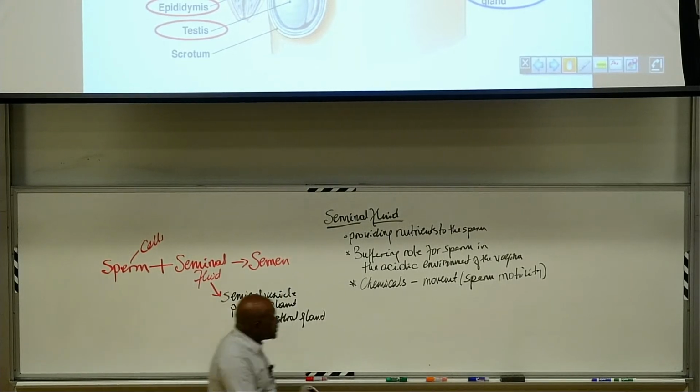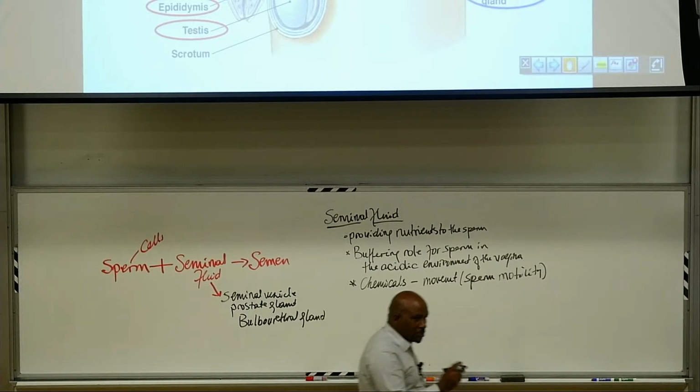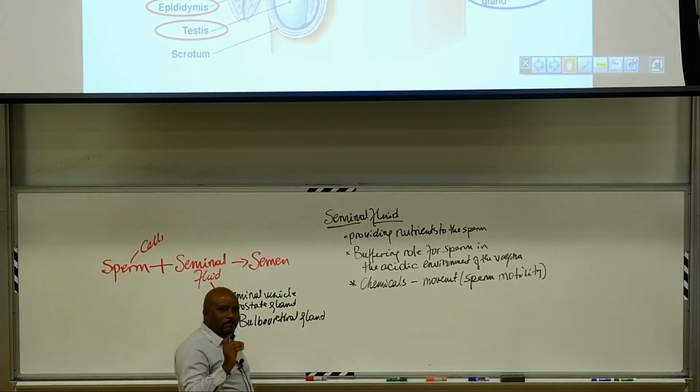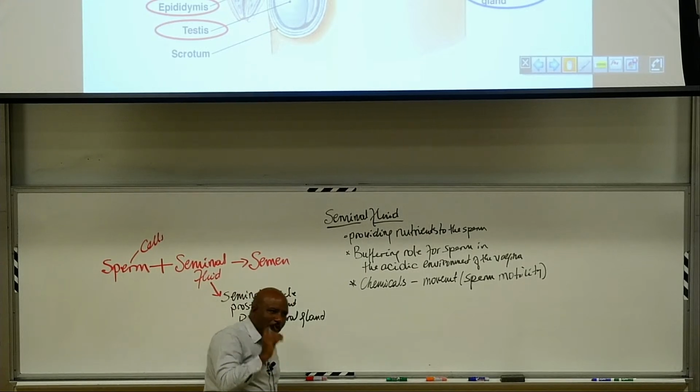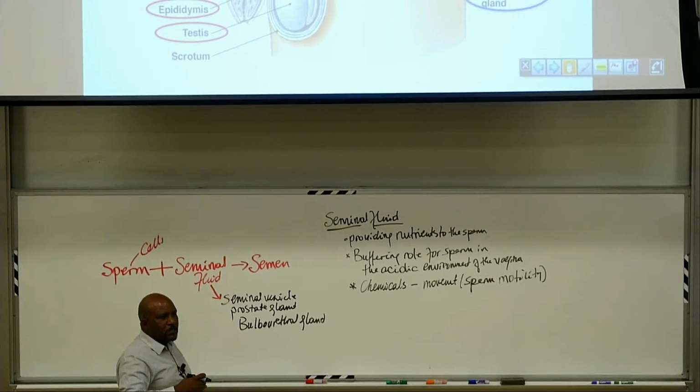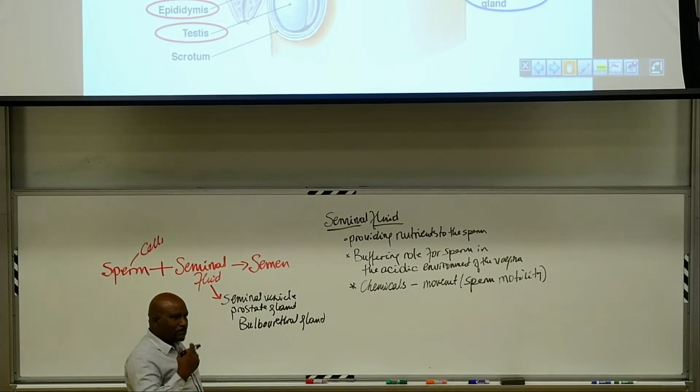So when the sperm is produced initially by the seminiferous tubules, it is not active to make fertilization of the egg. It has to mature and then be capacitated.